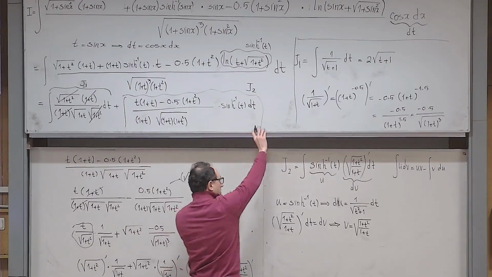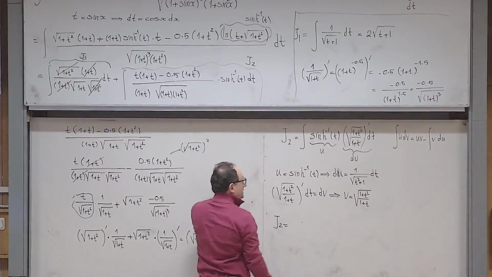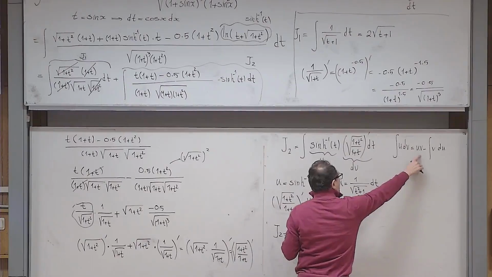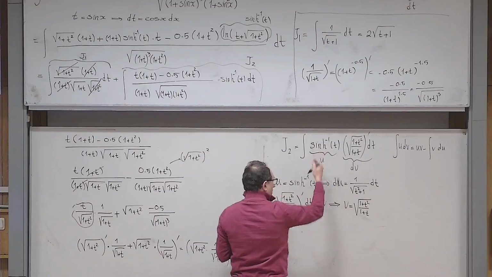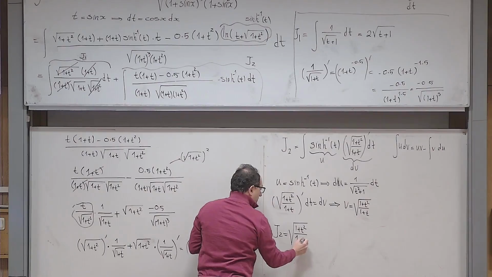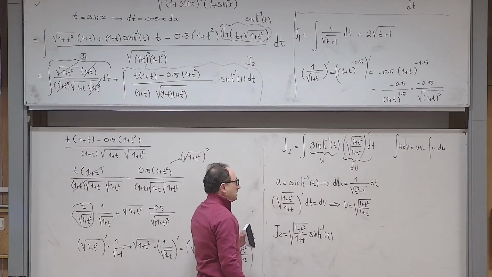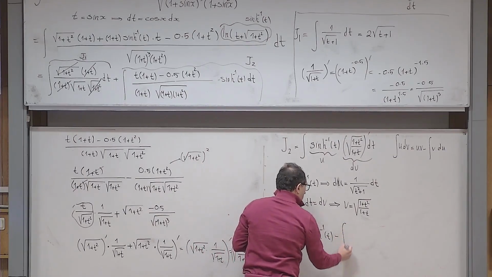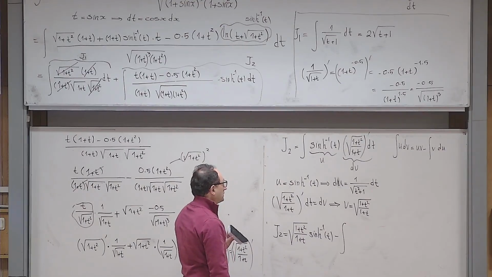So then it means that integral j2 can be written as, according to the formula, u times v. This is your u, this is your v, multiply them. So it becomes square root of 1 plus t squared over 1 plus t, sine hyperbolic inverse of t, minus integral of v du. Yes? So what is du?